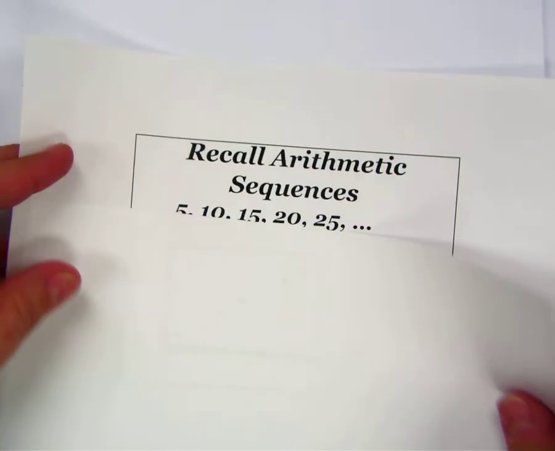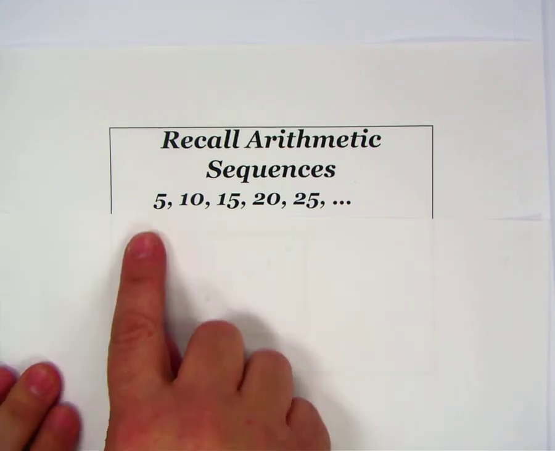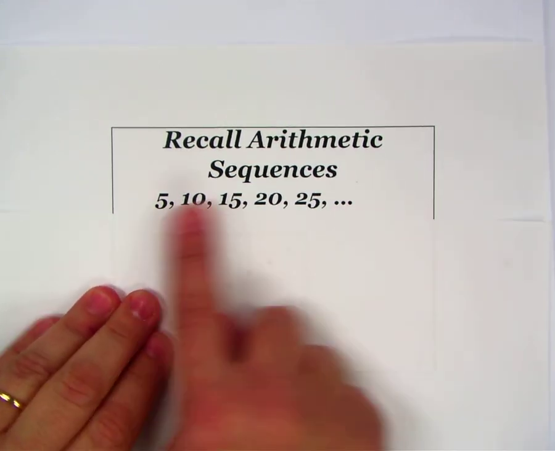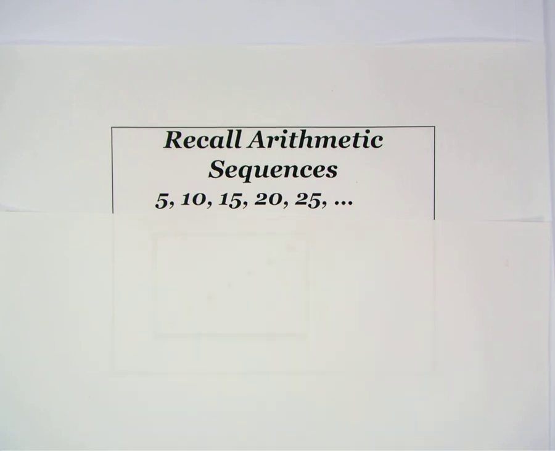When we talked about arithmetic sequences, we said that the way that you got from one term to the next term was to add one or add some constant. In this case, I add 5 each time. So think about that.